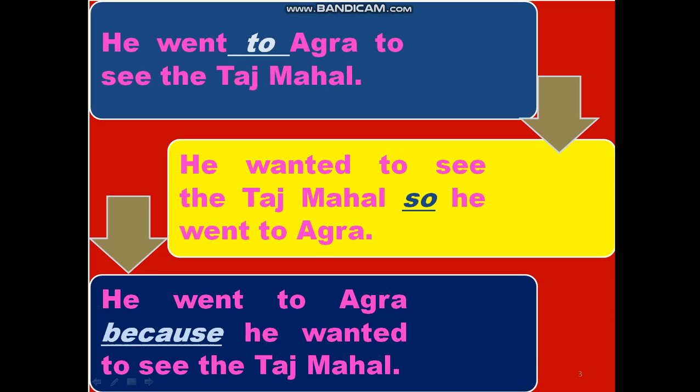The first part is he wanted to see the Taj Mahal, and the second part is so he went to Agra. When a sentence has such parts, these parts are called clauses. Clause means a sentence within a sentence that has its own subject, verb, and may have its own object also.